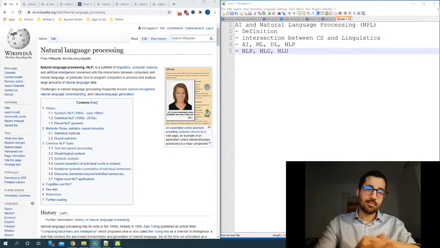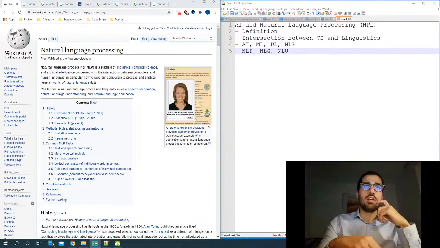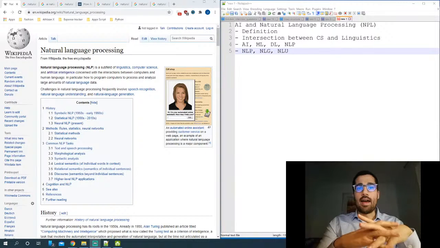Then smartwatches as well, smart trackers, smart bands, and chatbots on websites. So the technology behind to power all those devices or chatbots is called natural language processing, which is a part of artificial intelligence.